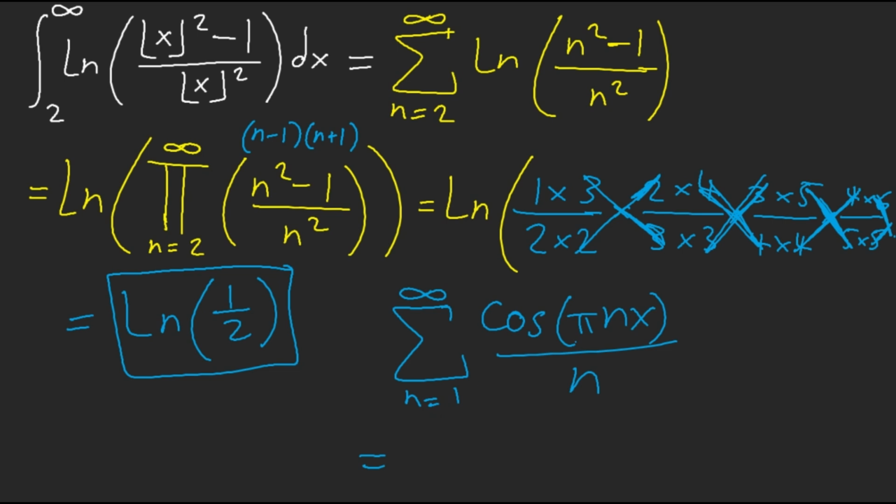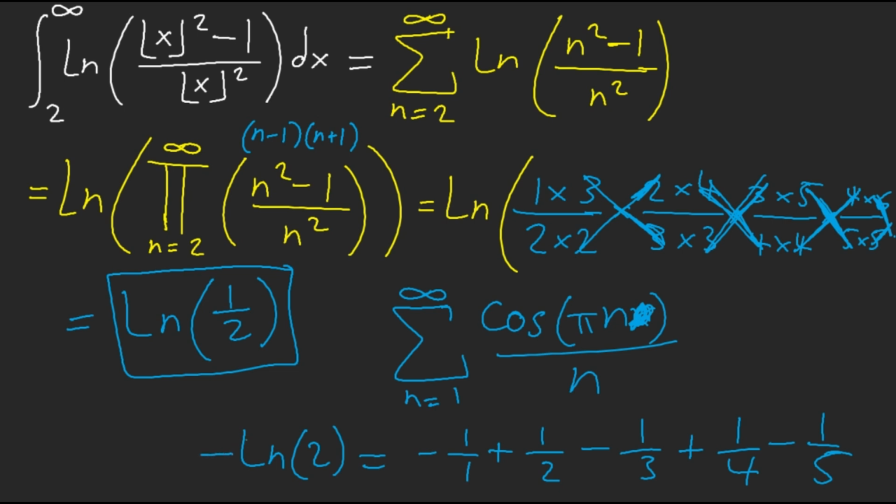Okay, n equals 1. Cosine of pi n times 1, that's going to be negative 1 over 1. If n equals 2, it will be a plus. If n equals 3, it would be negative again. Oh wait a minute, I know this sum. This is the Taylor series for ln of 2.